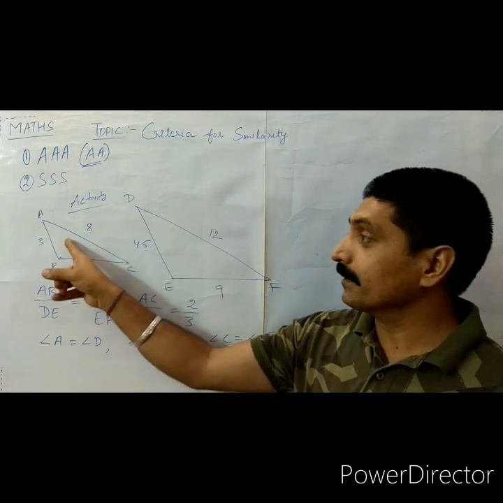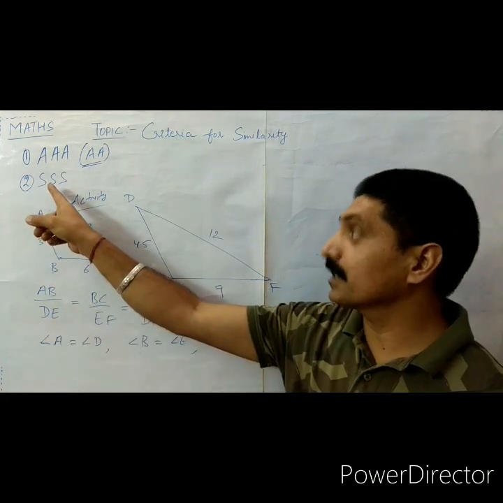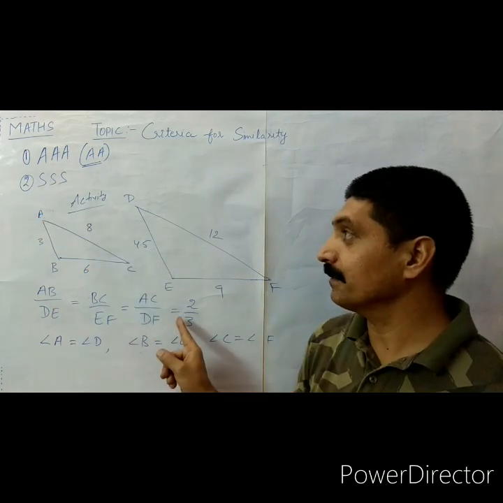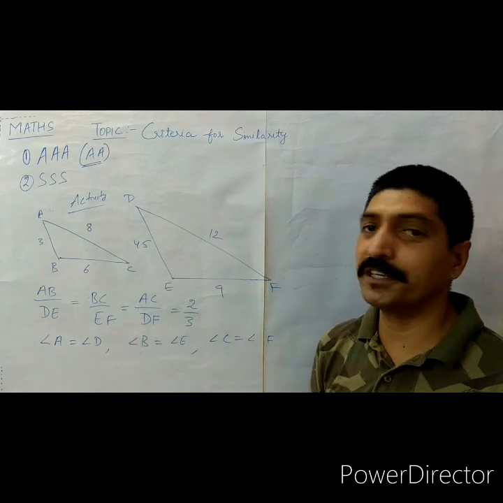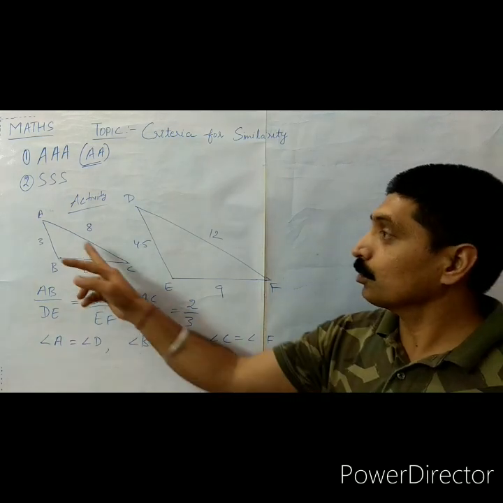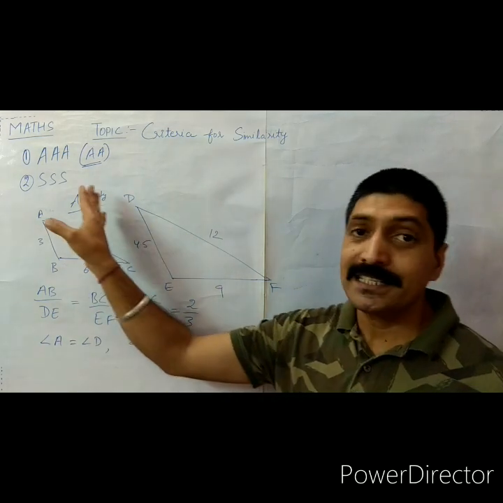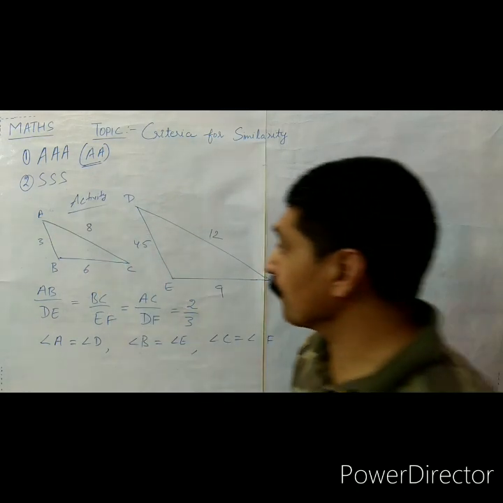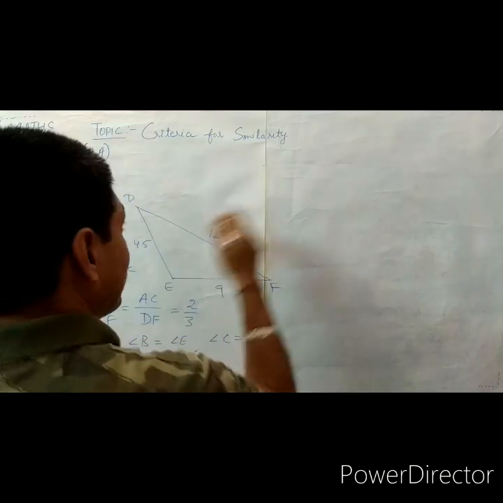If only the ratio of the corresponding sides of the two triangles, that is side, side, side, is given, then the two triangles are said to be similar. So in its proof also we will move ahead in the same way.